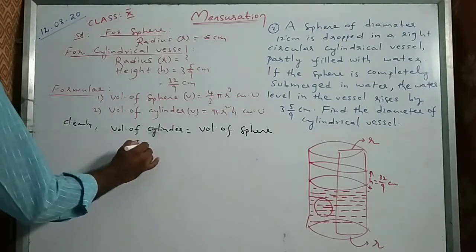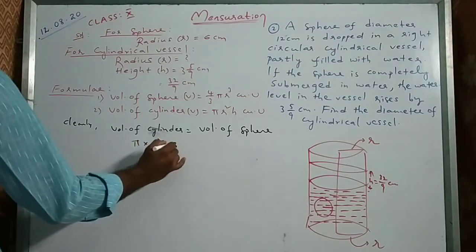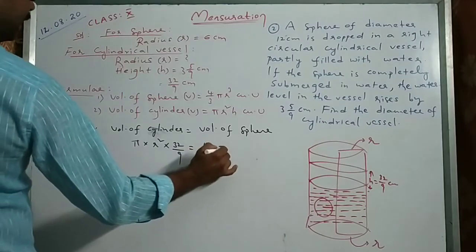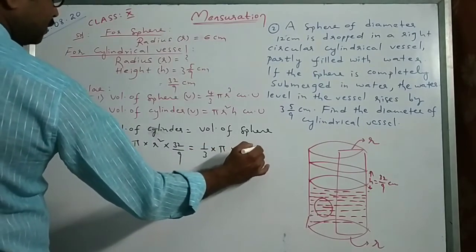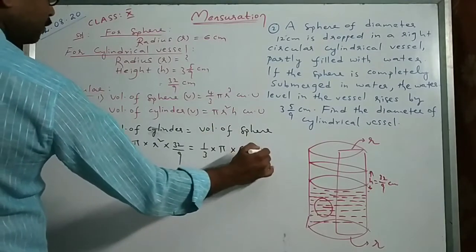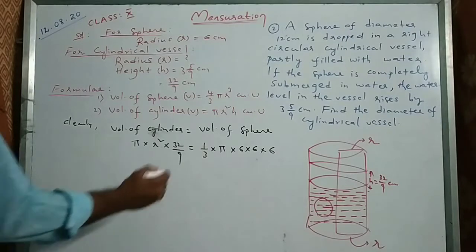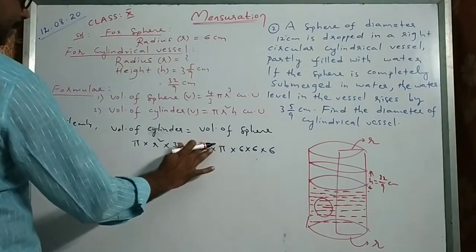Pi r square means I don't know, h value 32 by 9 equal to volume of sphere, 4 by 3 pi r cube, with r as 6. 6 into 6, 4 by 3 pi r cube.